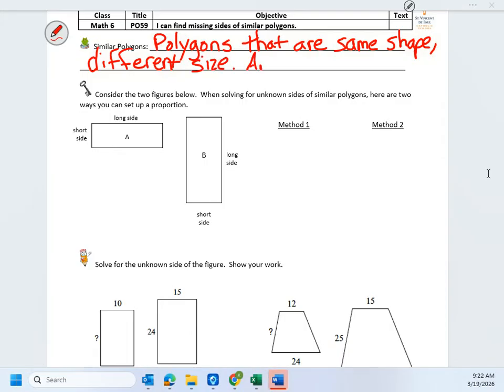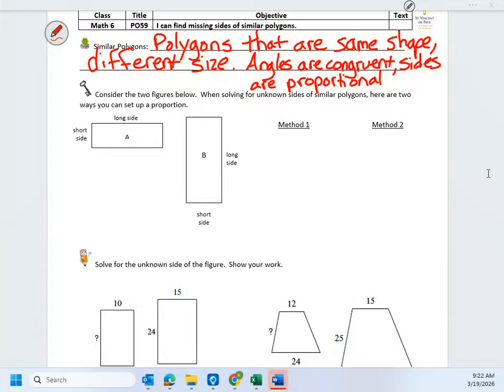It means their angles are congruent. Sides are proportional, like Rhoda said. So all the sides are getting bigger or smaller at the same rate.